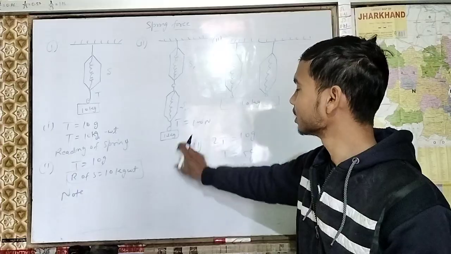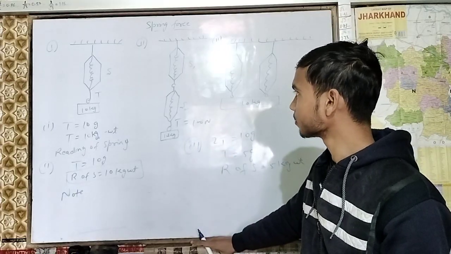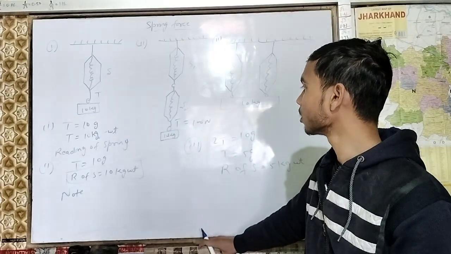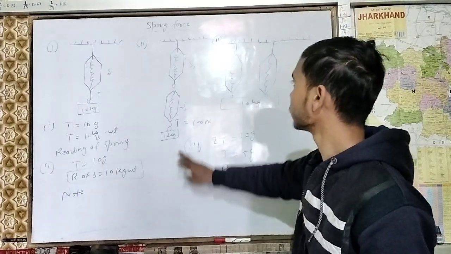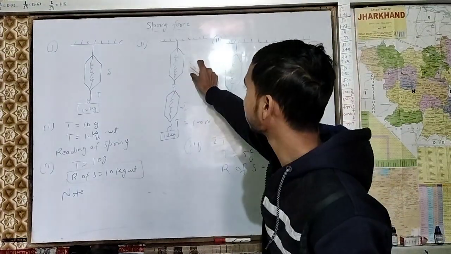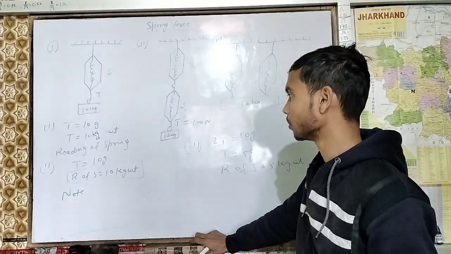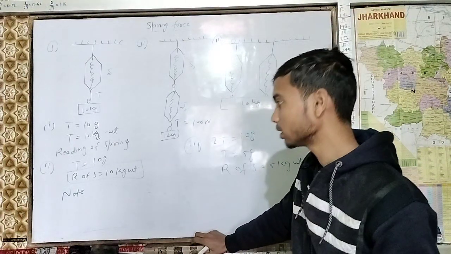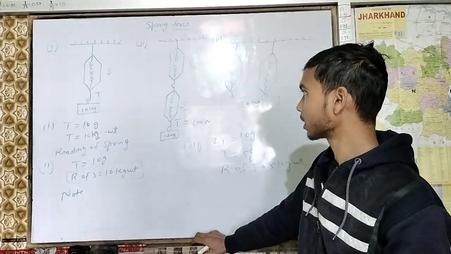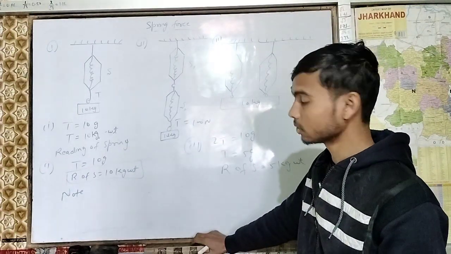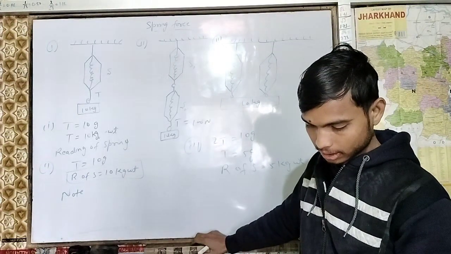For example, the reading of a spring was 10 kg Wt. So S1 will also show 10 kg Wt, and S2 will also show 10 kg, if springs are connected in series.